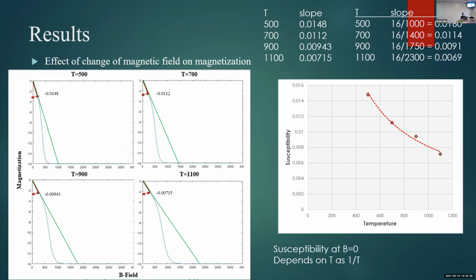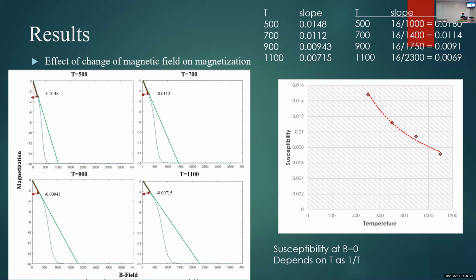So here are my results. In the left-hand side picture, we can see the magnetization with respect to the magnetic field for different temperatures. The left figure shows the change of magnetization, and the slope of the line in low magnetic fields is calculated for each temperature.